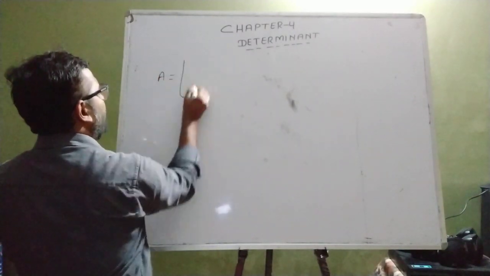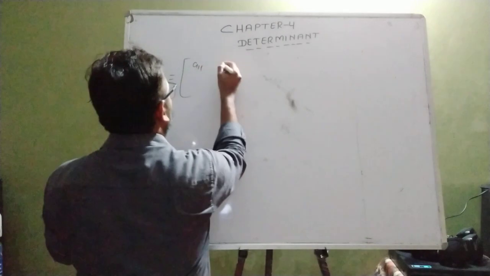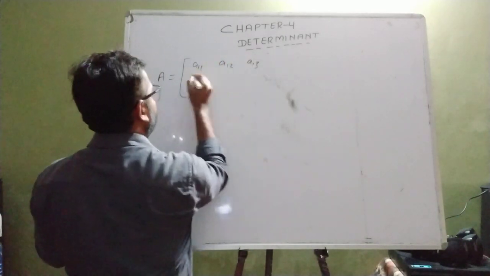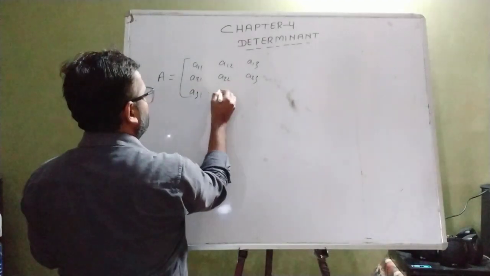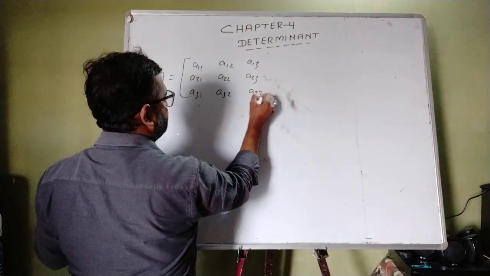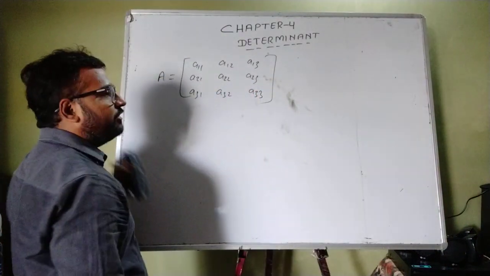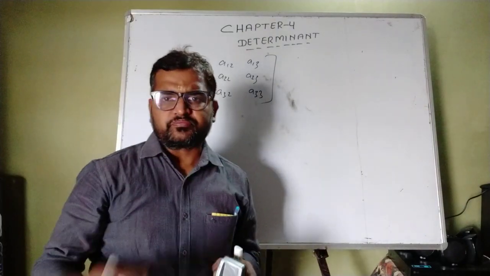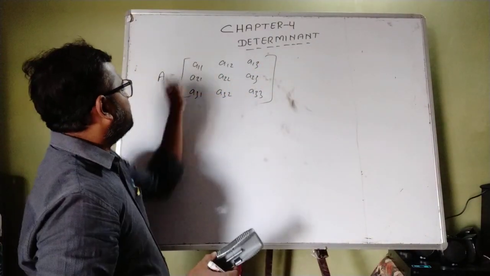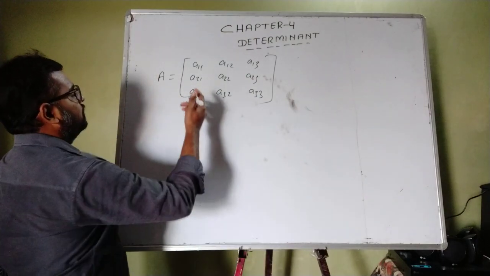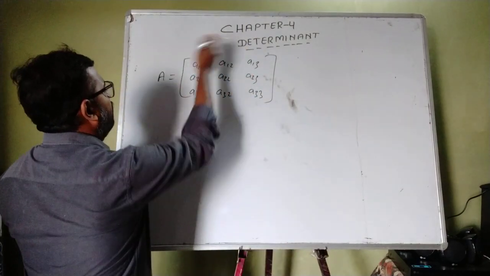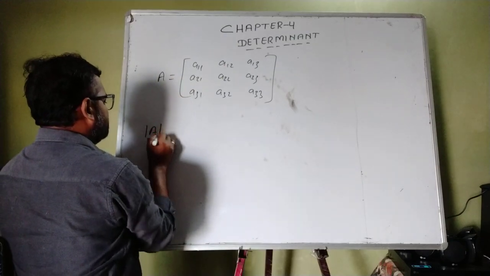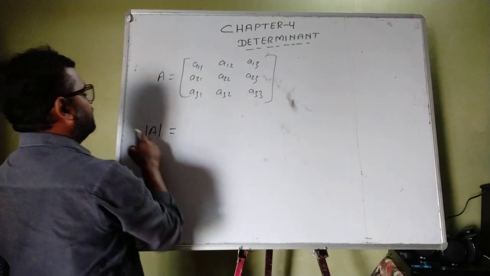If A is a square matrix of order 3, A11, A12, A13, A21, A22, A23, A31, A32, A33, we are going to find the determinant for this 3 by 3 square matrix. Now how can we solve this determinant here? The determinant of this can be denoted by this sign.